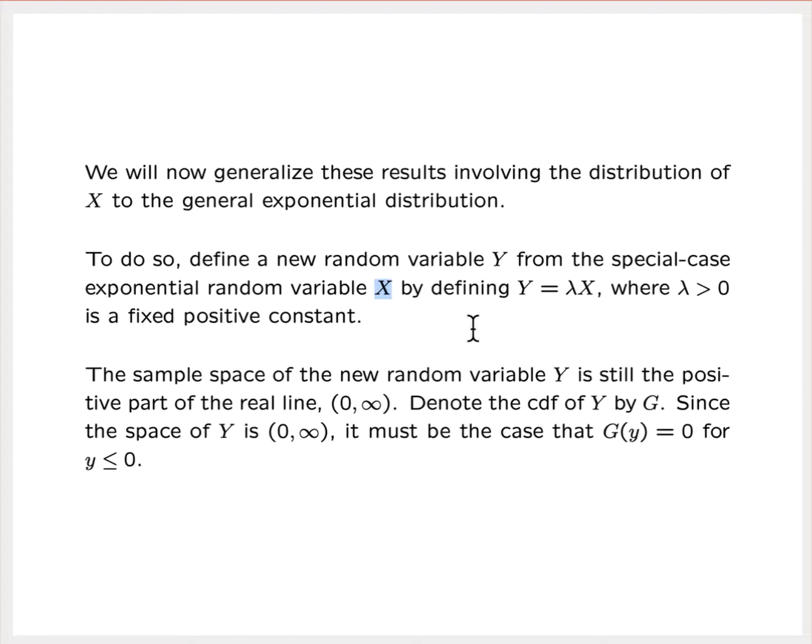In particular, we're going to transform this special case exponential by multiplying it by lambda, where lambda is a positive fixed constant. So this new random variable, y, is equal to the special case random variable x times lambda. And so now we're going to find the CDF of the distribution of y. We'll then find the PDF of y.